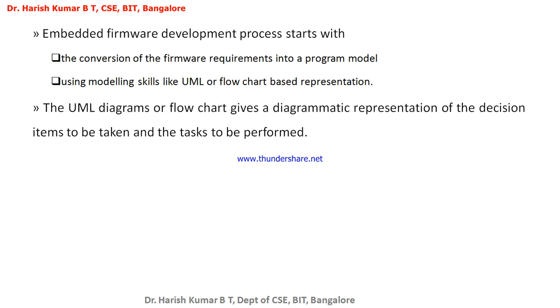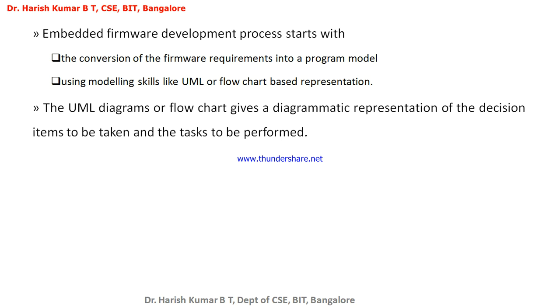Now the embedded firmware development process starts with the conversion of firmware requirements into the program model. Whenever you have the firmware requirement, it has to be converted into a program model. I showed you in the previous session the different kinds of computational models that can be used for designing the embedded software.